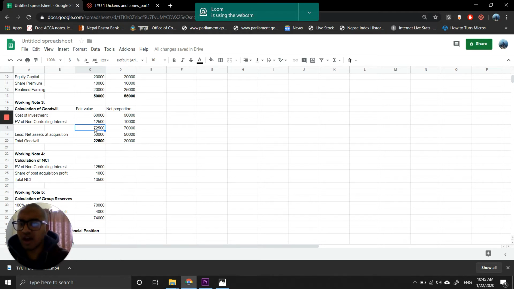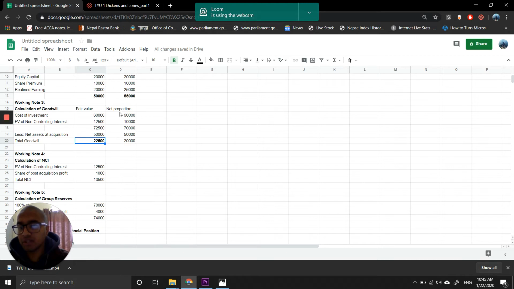And then this is how much is the present value, and then what's the net assets of the company. So what are its actual assets that the company holds is this particular figure, okay? So this will give you the goodwill, okay? So this is how much extra you paid for that particular company, okay?